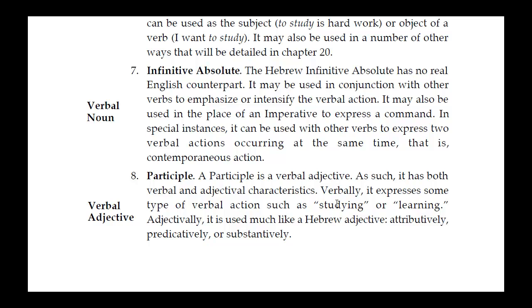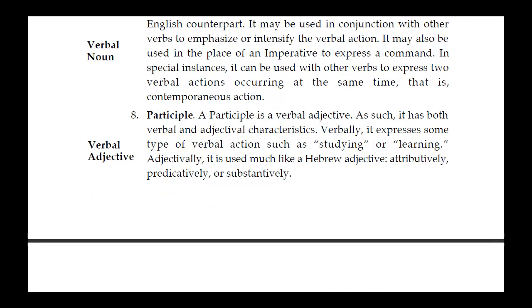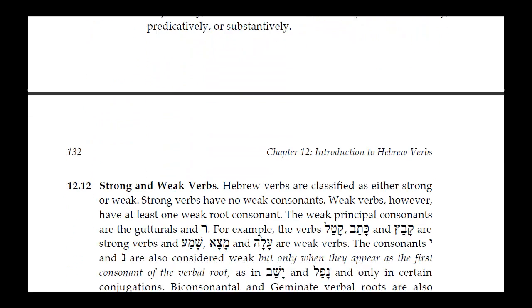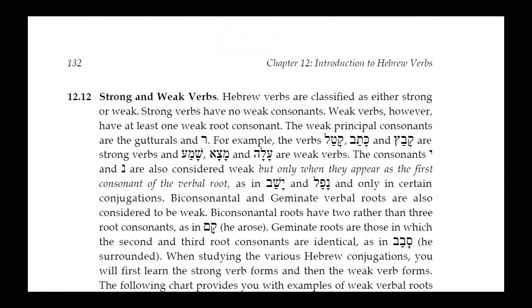Verbally, it expresses some type of verbal action, such as studying or learning, and as an adjective, it's used much like a Hebrew adjective in an attributive, predicative, or substantive use. So it can be used either way, and we'll get more in depth when we get to the chapter dealing with the participles.